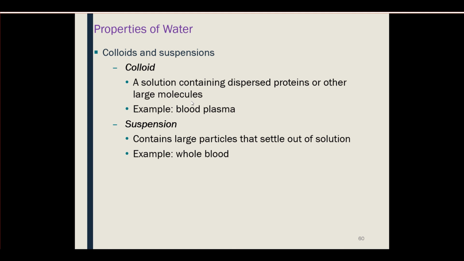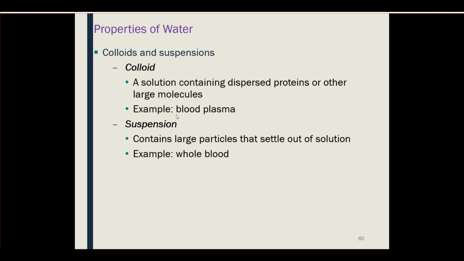So when you study blood in AMP2, the watery part of blood is known as plasma. I'm sure it's something you've heard of. And in plasma, we have a number of different types of proteins, nutrients, hormones, waste products.